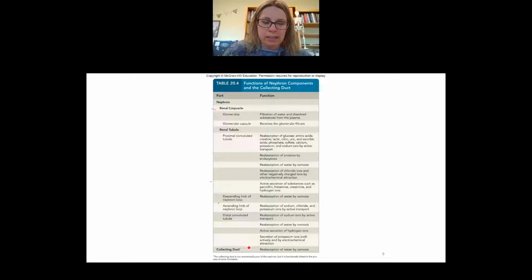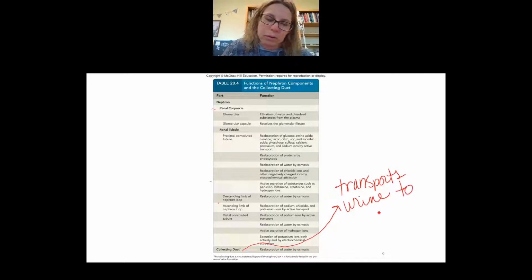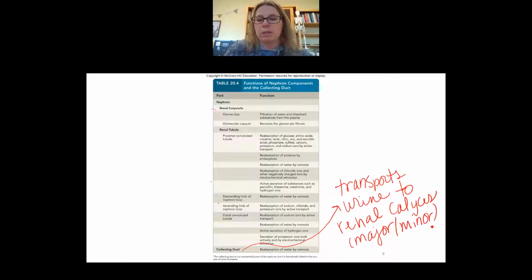And then the collecting duct, okay, the collecting duct also transports urine to the renal calyces, the major and the minor calyces. So basically transports that urine to the calyces. The urine will then flow through the renal pelvis and into the ureter.